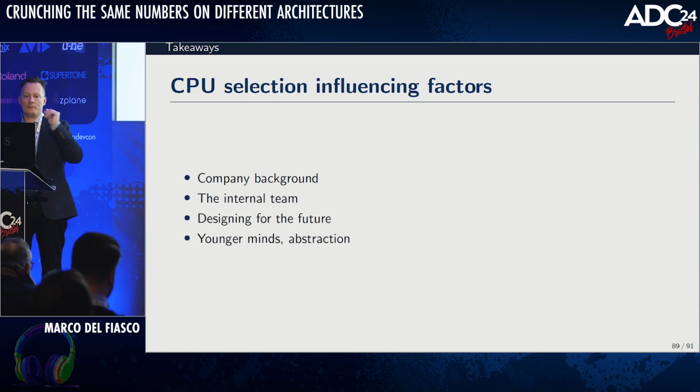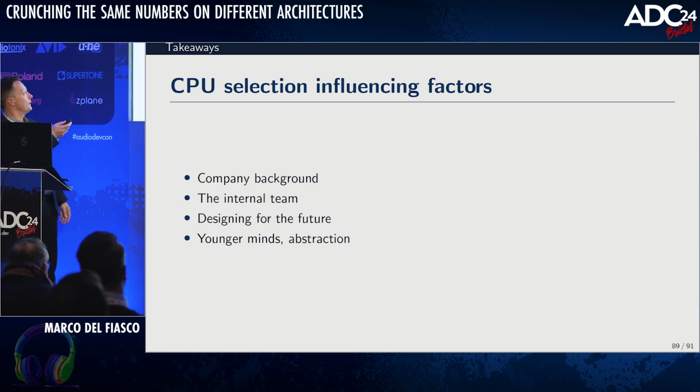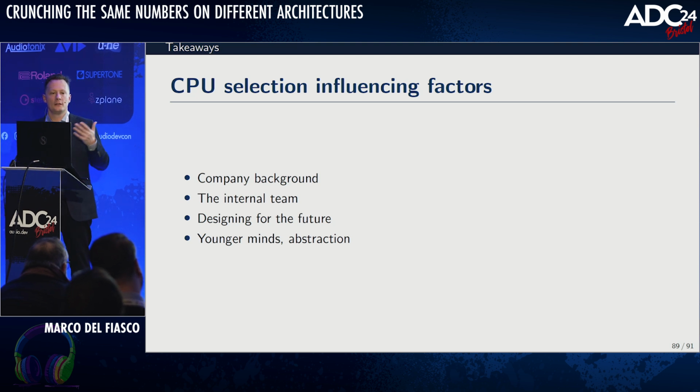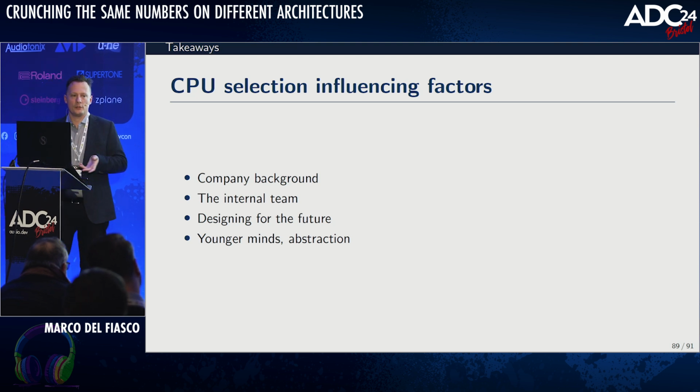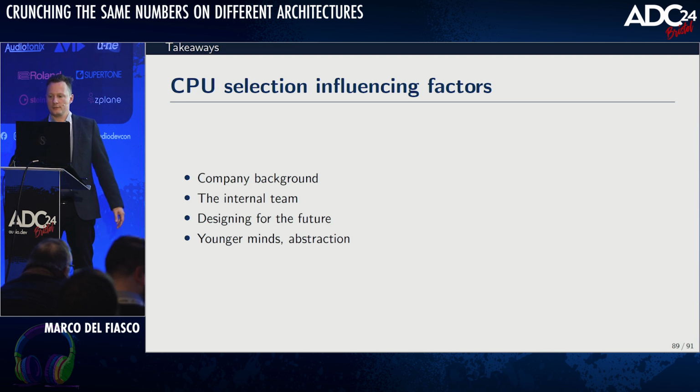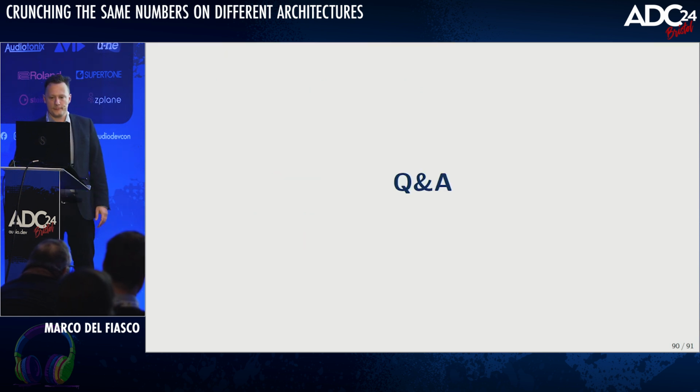And I also want to put attention to another topic, younger minds. What about the young developers? Are they more comfortable learning to optimize code on a DSP or microcontroller, or do they just need abstraction and work on more powerful CPUs? This is also an open question.